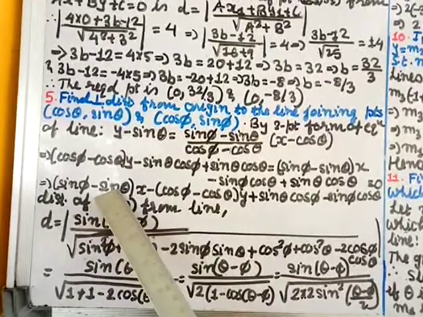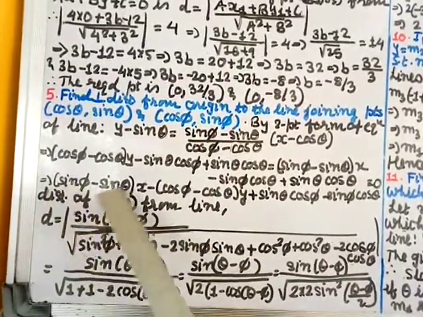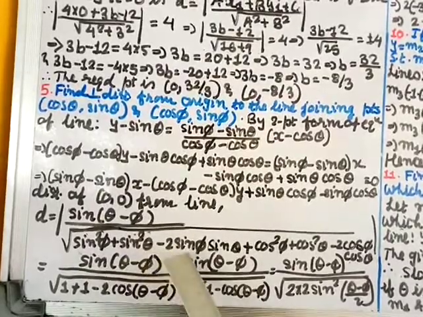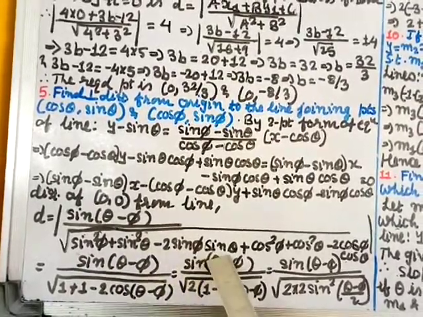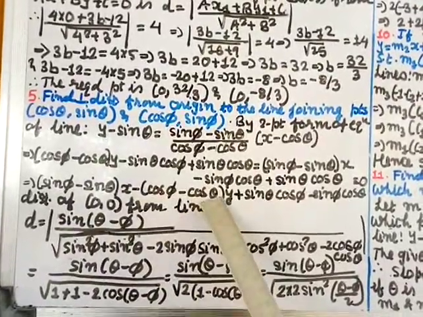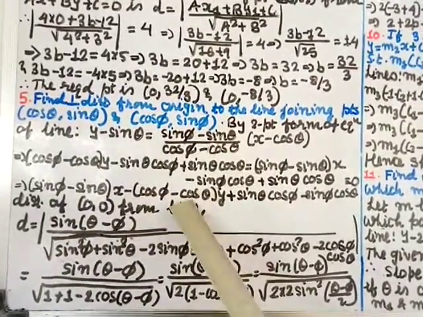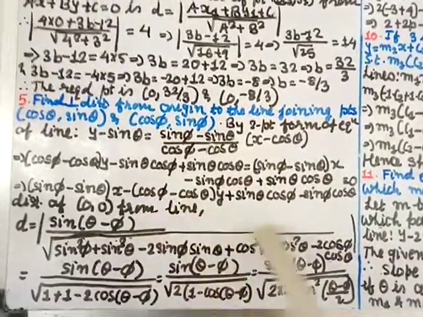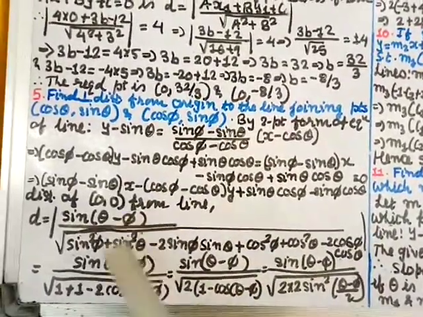Okay, so I square this value, and I am writing directly: sin square phi plus sin square theta minus 2 times sin phi sin theta. Okay, a minus b whole square I am expanding, plus expanding this also, cos square phi plus cos square theta minus 2 times cos phi cos theta. Okay, now numerator as it is.